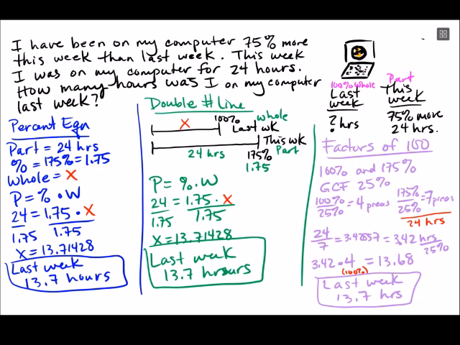And then by factors of 100, where I break up my 175% into equal sized pieces. Then I find how much each of those single pieces are worth, which was right here. I broke up my 24 into the 7 pieces of my 175%, and then I multiplied that by the 4 pieces of my 100% to get my time on the computer.